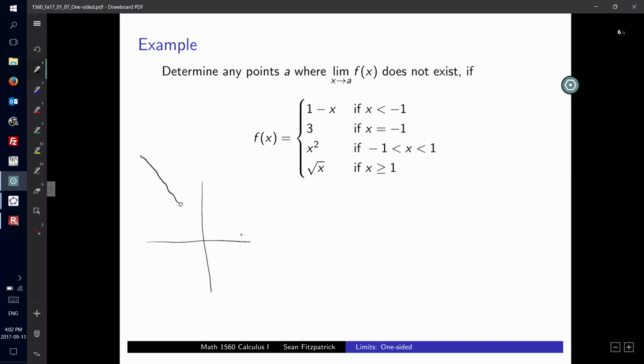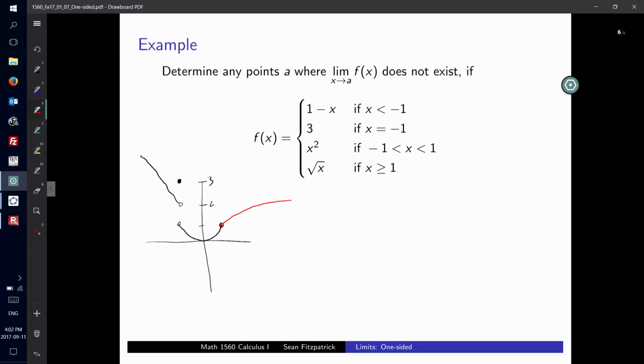And when x is actually equal to minus 1, so that's at (minus 1, 3), the y value is defined to be 3 when x equals minus 1, and then between minus 1 and 1, we've got this parabola, and then when x is strictly bigger than 1, we have a square root. So let me put that square root in a different color. Okay, so there's the graph.